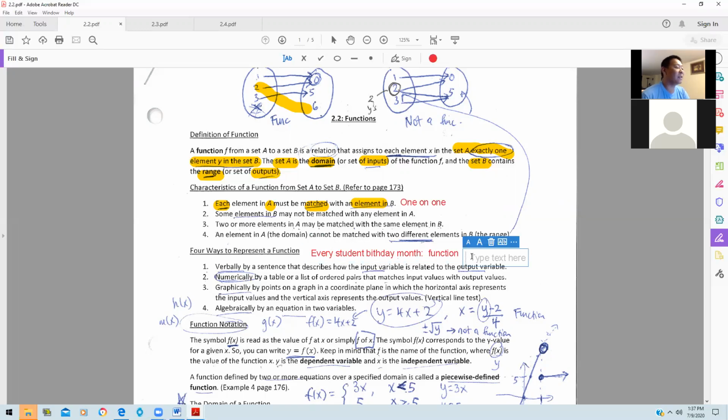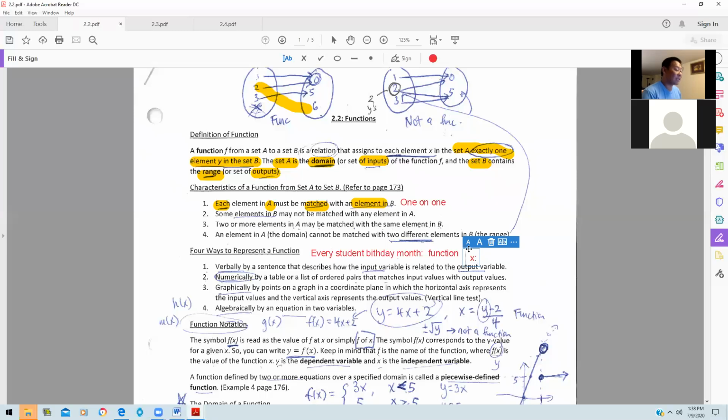But what happens if I change it around, so that it's every birthday month and a student? Let me put things easier here.